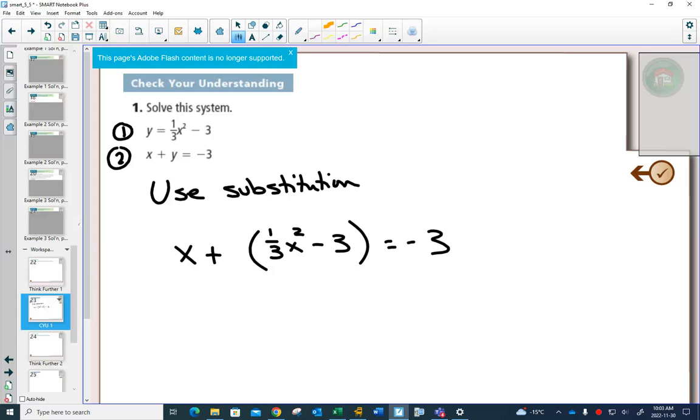Do you see that it's an x squared equation? It's a quadratic equation. So if I combine my like terms and make one side equal to 0, I would have -1/3 x squared plus x, and minus 3. If I add the 3 from the other side, that'll get 0.